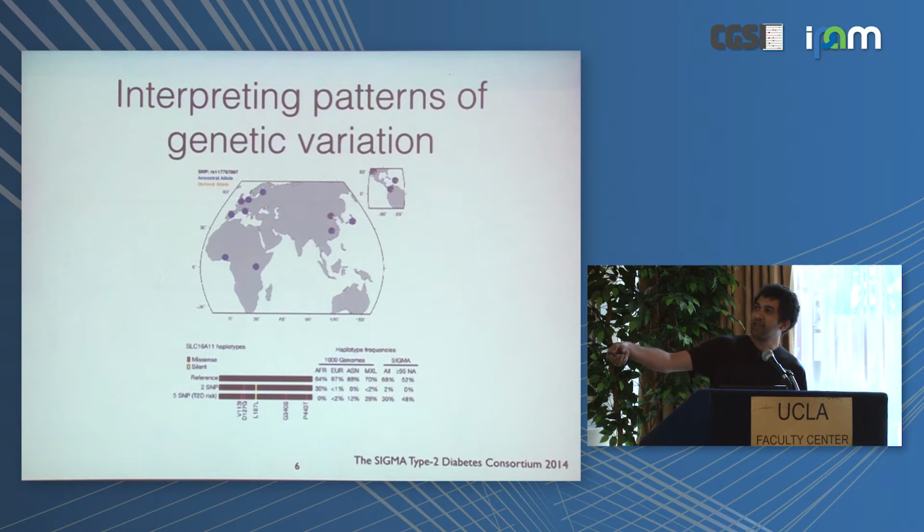If you look at the geographic distribution of this risk variant, it's found at appreciable frequencies in the Americas, very low frequencies in the rest of Eurasia, and essentially absent in sub-Saharan Africa. Given a pattern like this, we'd like to be able to say, is this unusual? Has this variant been under selection in the Americas? To be able to do this, we need to understand what is the expected distribution of these allele frequencies.